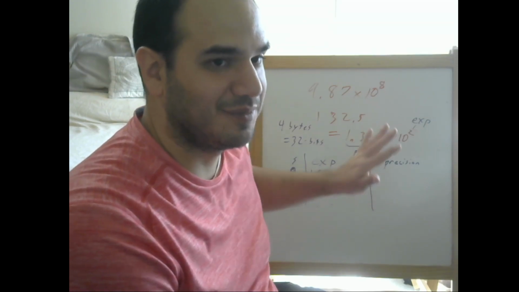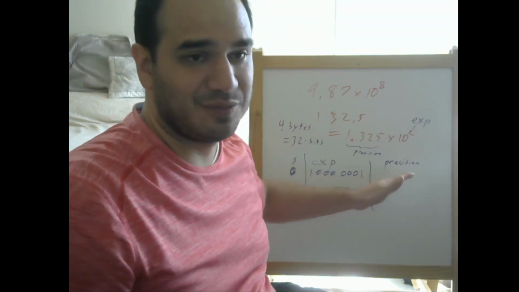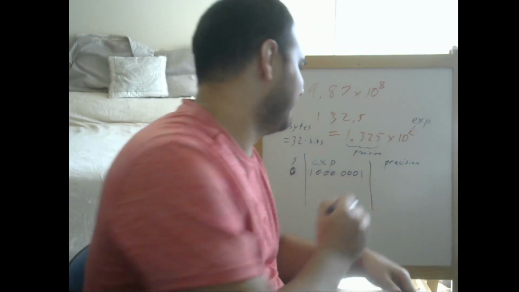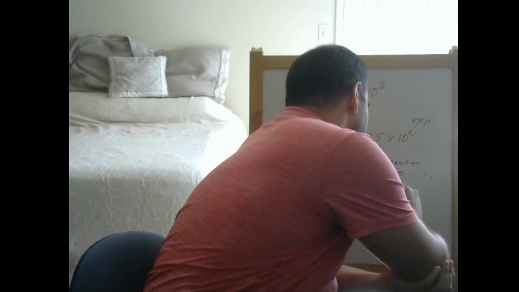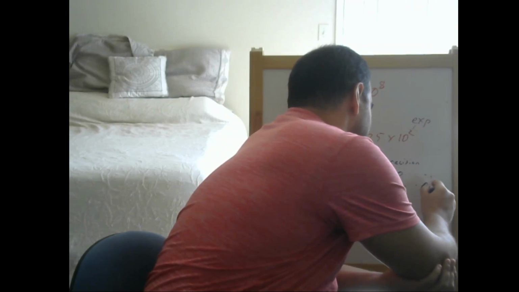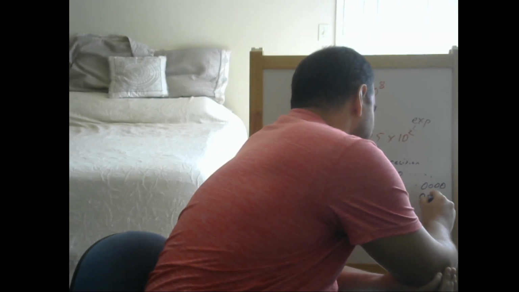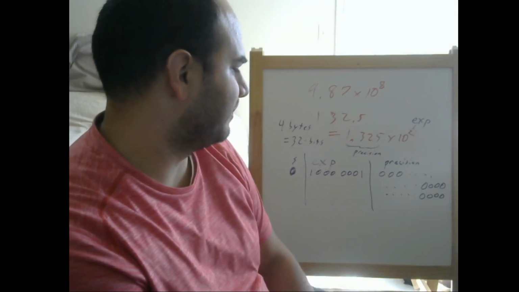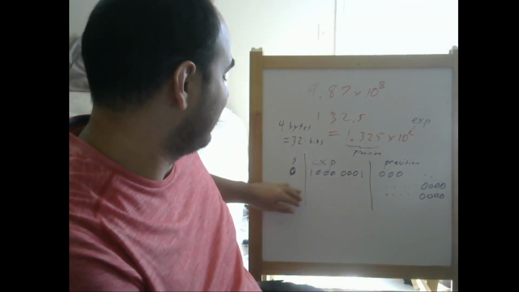Okay, so we've used 9 of our 32, which means the other 23 are going to live here. Okay, so 23 bits, 8 bits, and 1.